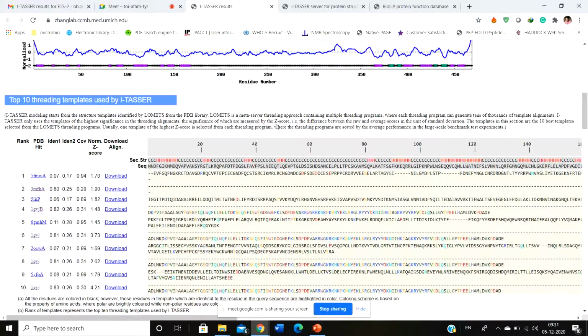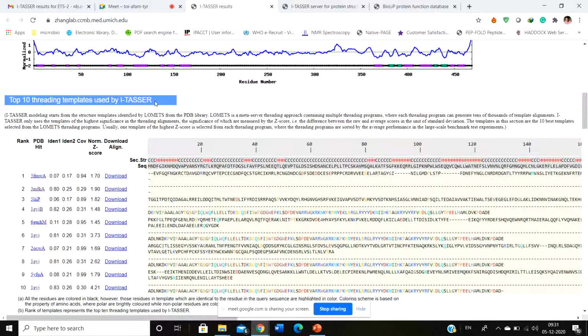And next comes the threading template. So you know what is threading? Threading means finding similar structures, no, not similar structures, but identifying template proteins from a pre-solved structure.